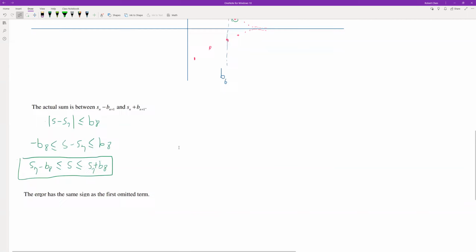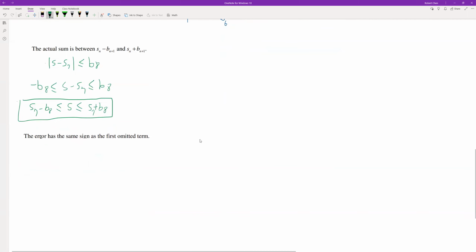All right. Now the last thing: the error has the same sign as the first omitted term, right? The error they're talking about here is the remaining series, Rn. Since we're looking at alternating series, the terms are alternating signs. Let's say A8 is negative. Notice that here we're using A instead of Bn. With the Bn that we used earlier, we were ignoring the alternating factor in the series, assuming that B is positive.